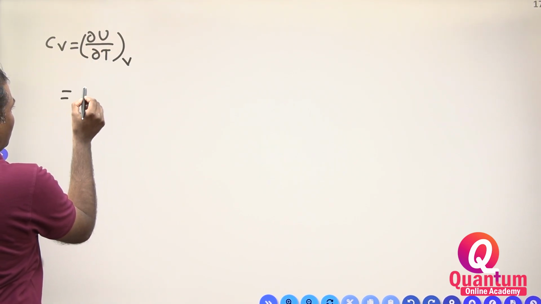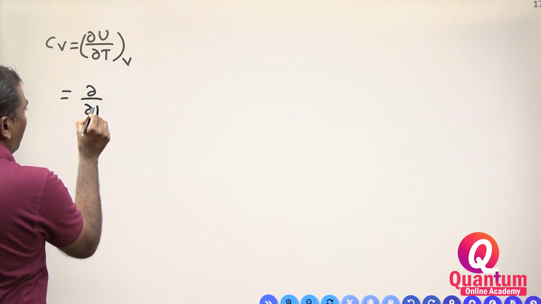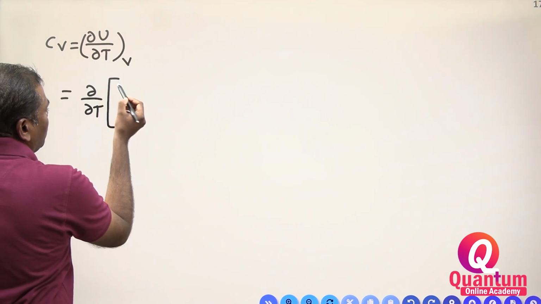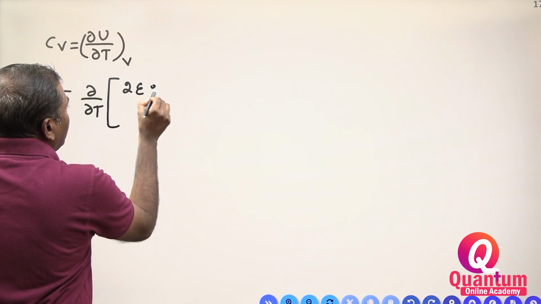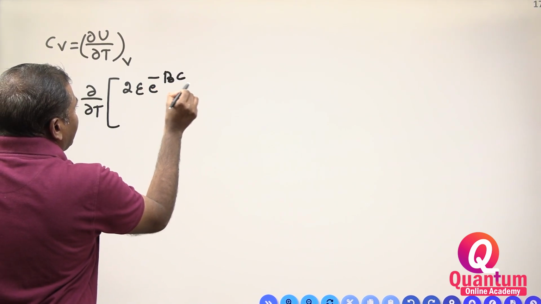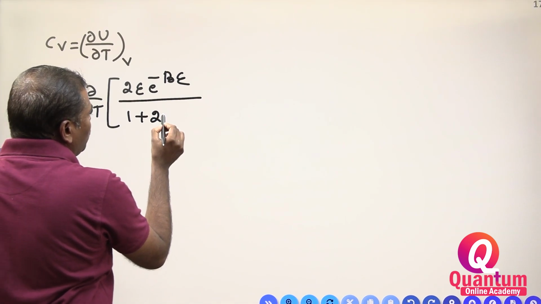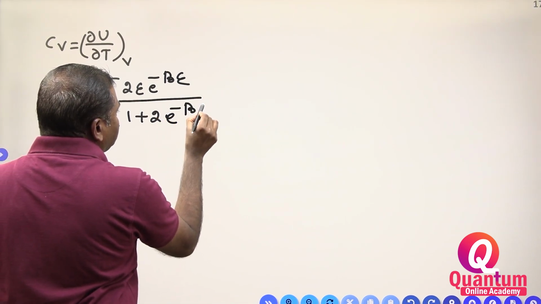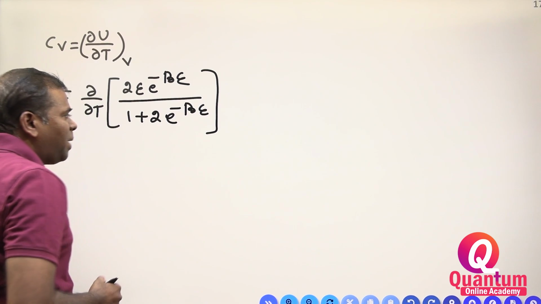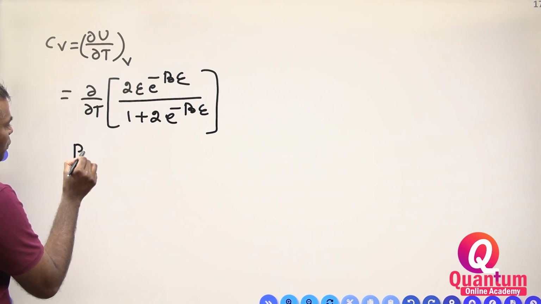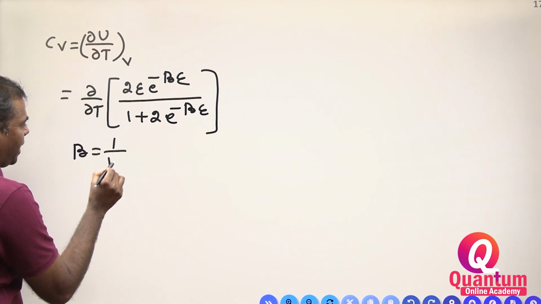You know the u value, ∂/∂T of, which one we have to write? 2ε e^(-βε) divided by 1 plus 2 e^(-βε), correct? But you know β is equal to which one? 1/kT.